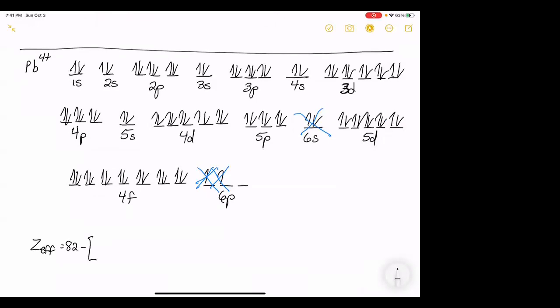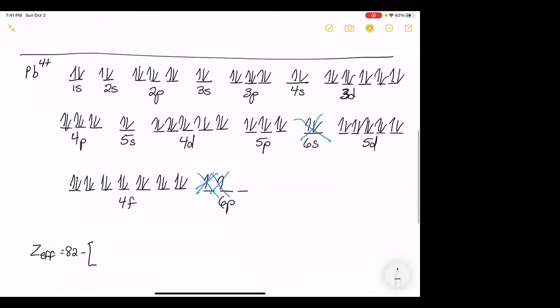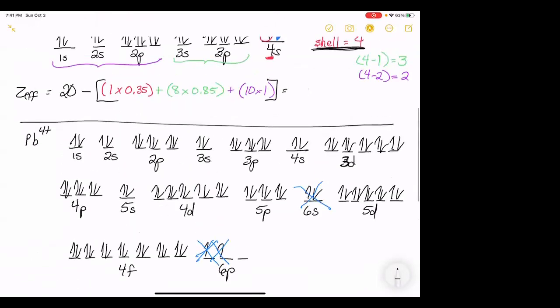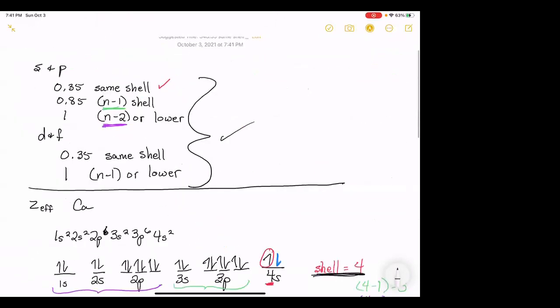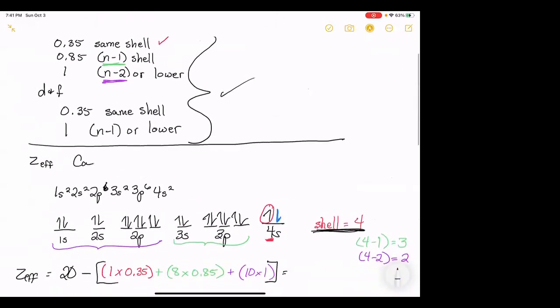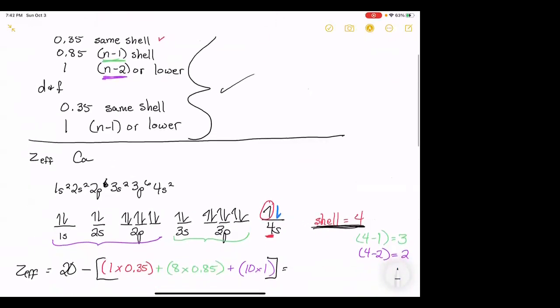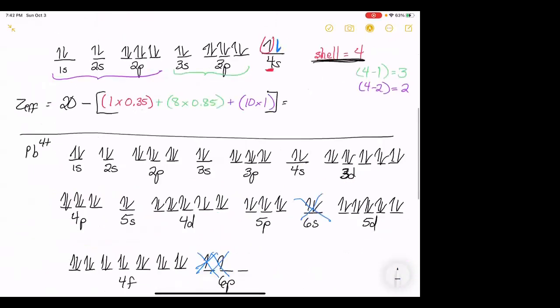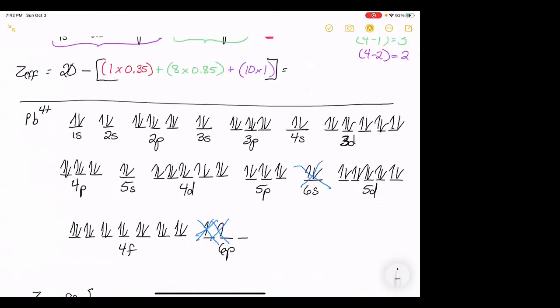We're going with the rules up here. Is it in the same shell or in a lower shell? Since we got rid of all of the 6s, we don't have anything. Our shell for lead is 6.